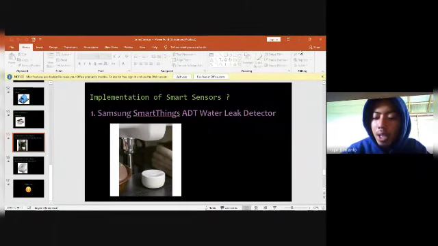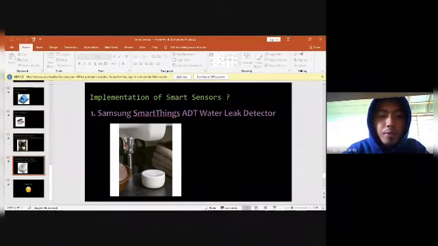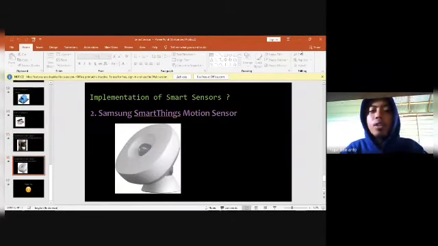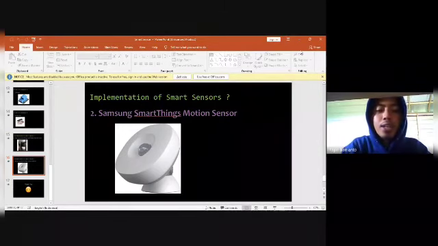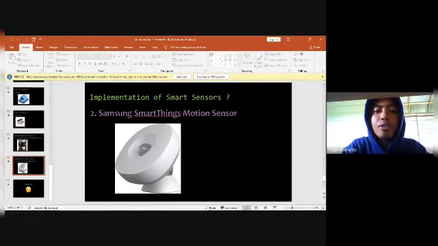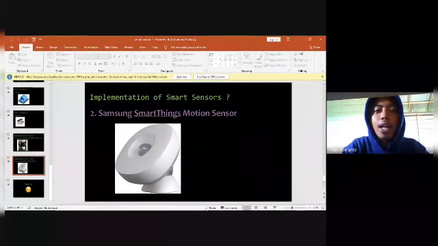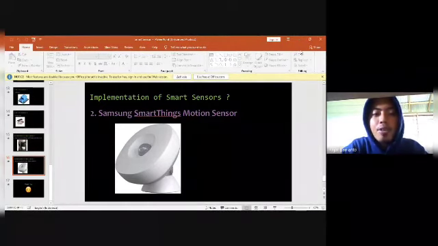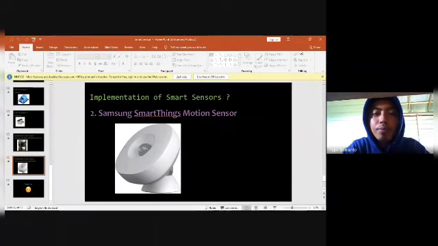Okay, in the slide you can see the picture of the Samsung SmartThings motion sensor.